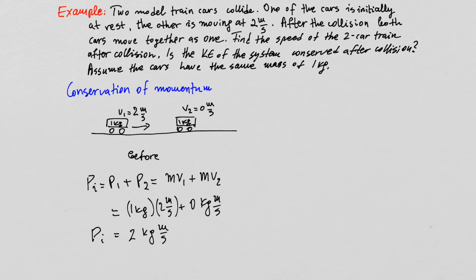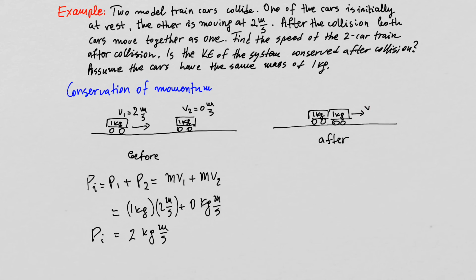Now let's sketch the picture after collision and calculate the final momentum of the system. After the collision, the two cars are moving together as a two-car train with total mass of 2 kilograms and unknown velocity v. That velocity is what we are looking for right now.